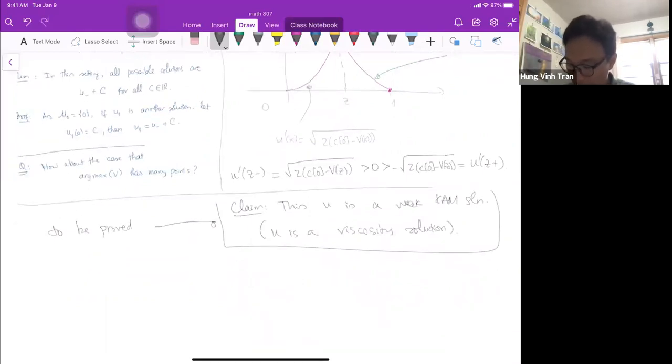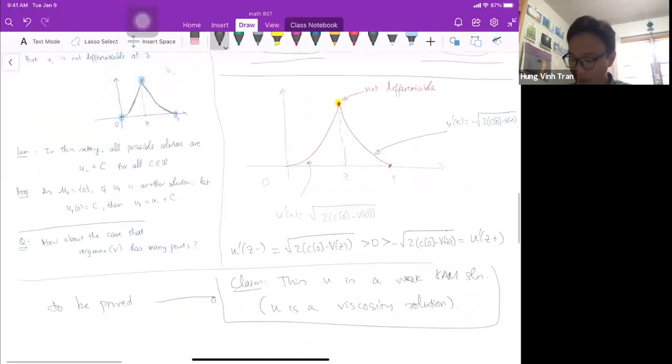But before that, there's one more clear thing, which is what I wrote down in the lemma at the end of the pre-lecture notes: not only is u a weak KM solution, but in this case, all of the weak KM solutions are u plus c, right? Why so? Because remember that the projected Mather set is only one point.